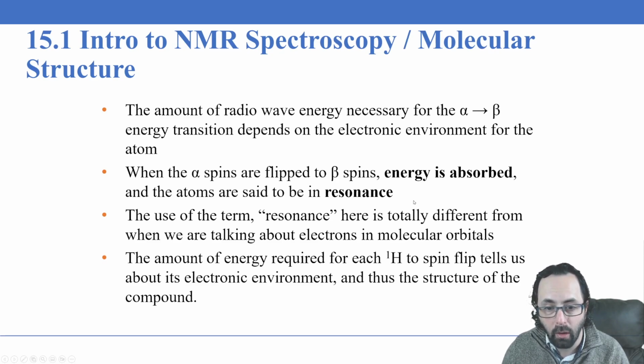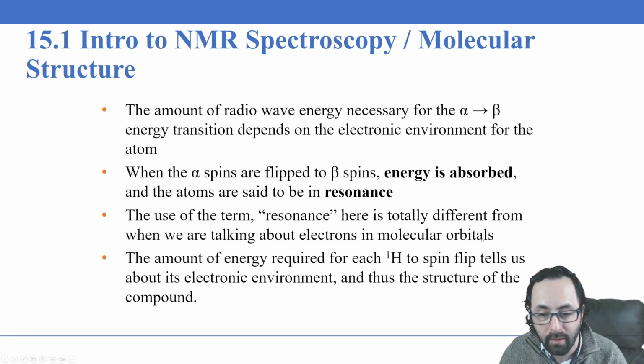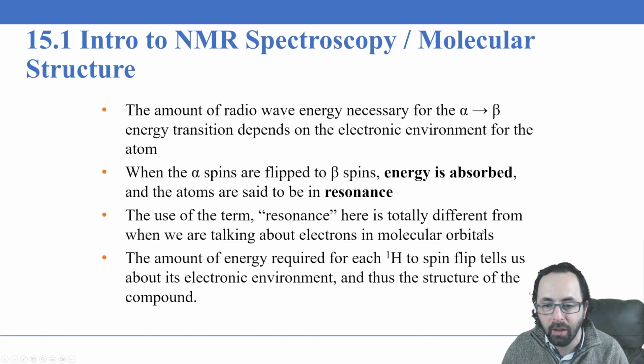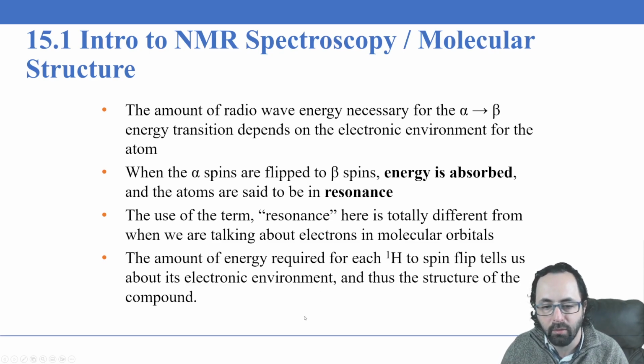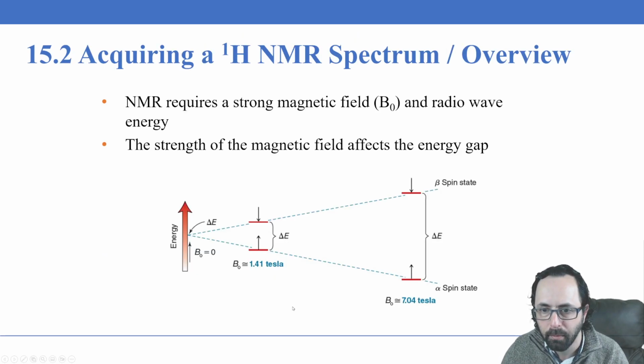When the energy is absorbed, we say that the atoms are in resonance, and the term resonance is different from when we're talking about resonance in electrons like we did in chapter 2 of the book. This means that basically they've been flipped in spin state. It's a different use of the term resonance. Unfortunately, the same word, but a different meaning here. So the amount of energy required for each proton or carbon-13 nucleus to spin flip tells us about its electronic environment, and so we can know more about the structure.